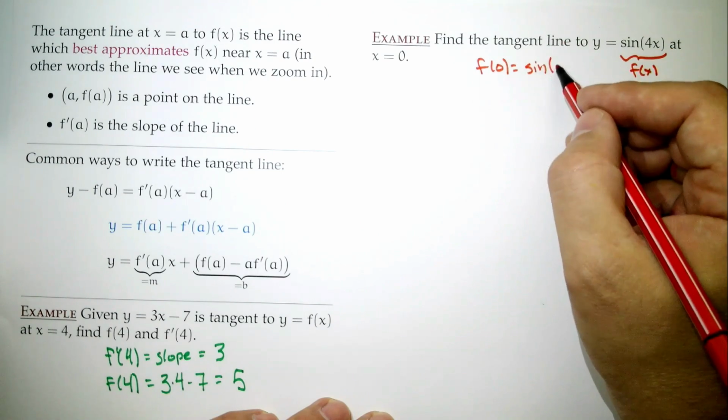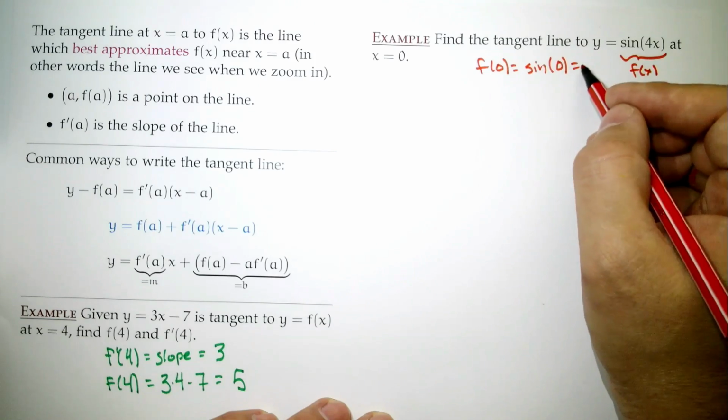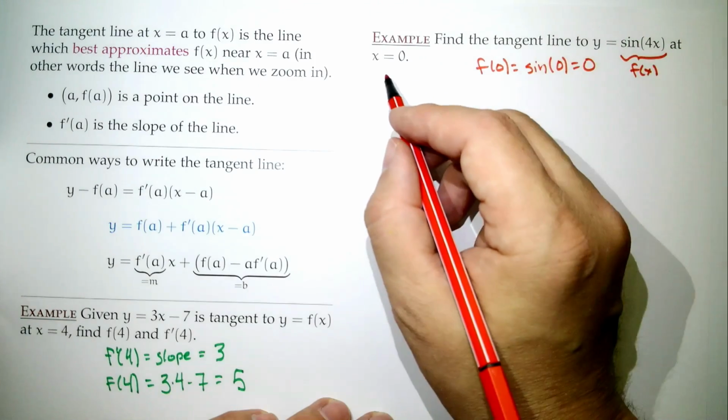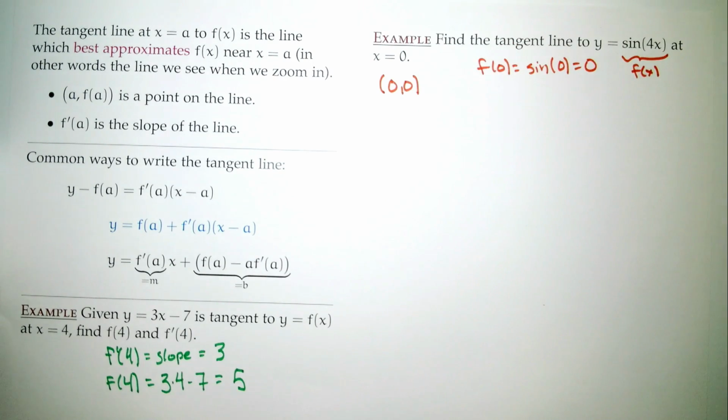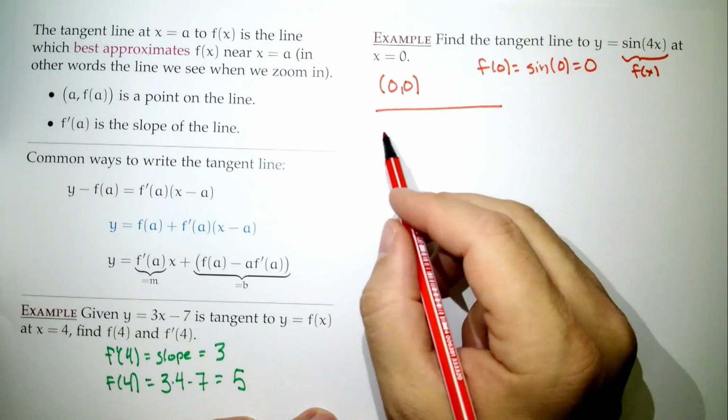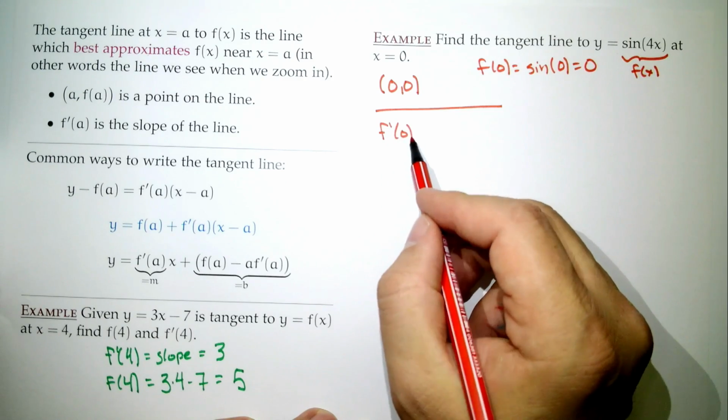F of 0, that's sine of 4 times 0, which is 0, and sine of 0 is 0. And now we say, great news. We're passing through the point 0, 0. That's the point on our tangent line. What's the next thing we need? We need slope.